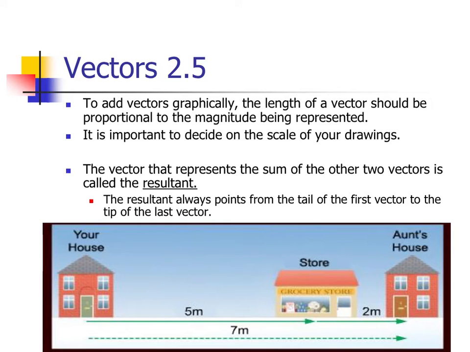The resultant is the sum of the two vectors. The resultant is the sum of the two vectors.